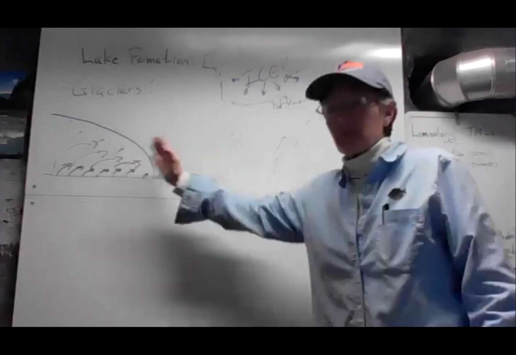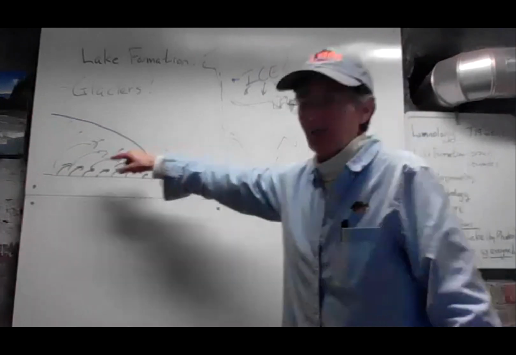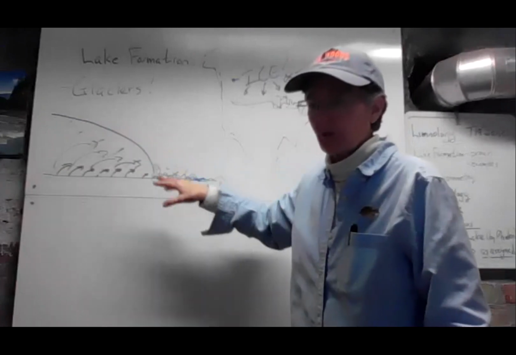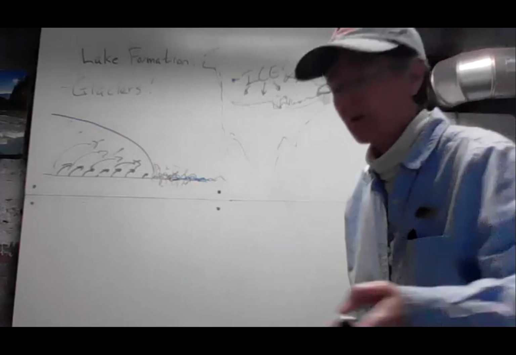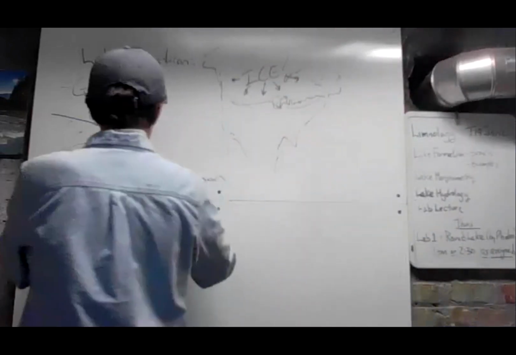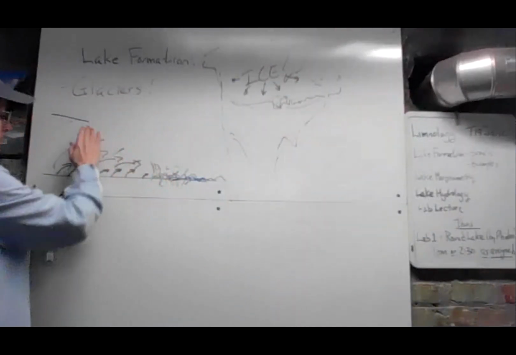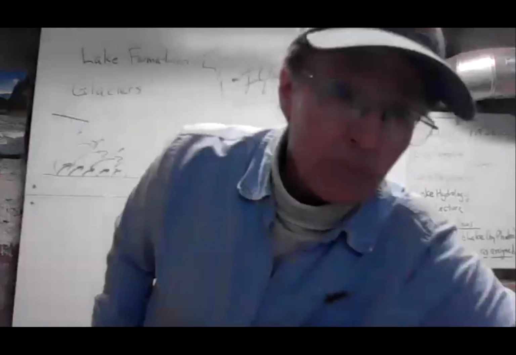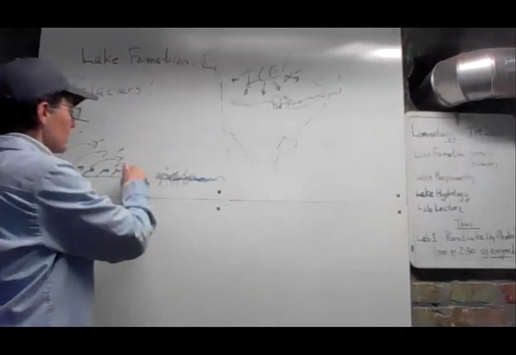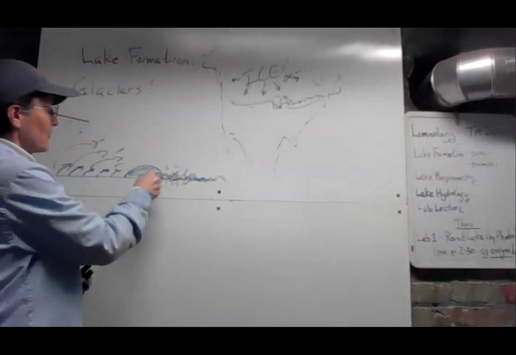Well, sometimes what happens when a glacier retreats, and it's not this simple, beautiful curve all the time, is it'll leave this rough landscape. But embedded in this landscape might be a block of ice. Here was some ice.